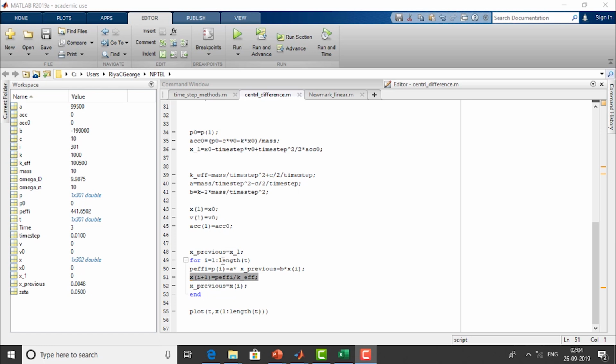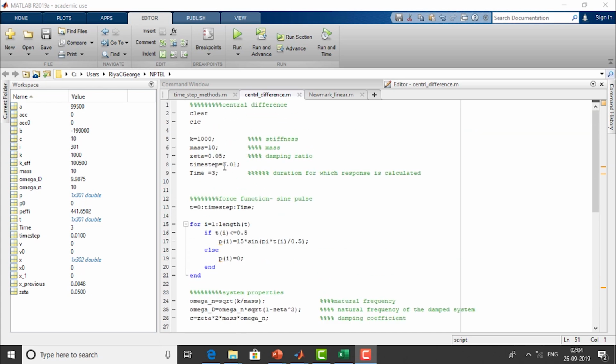We can calculate these for different values of i in a loop, and we will get the displacement history, the displacement for each time instant. Here I'm calculating only the displacement now. If we want velocity and acceleration, we can just substitute their expressions in this loop and calculate those also.